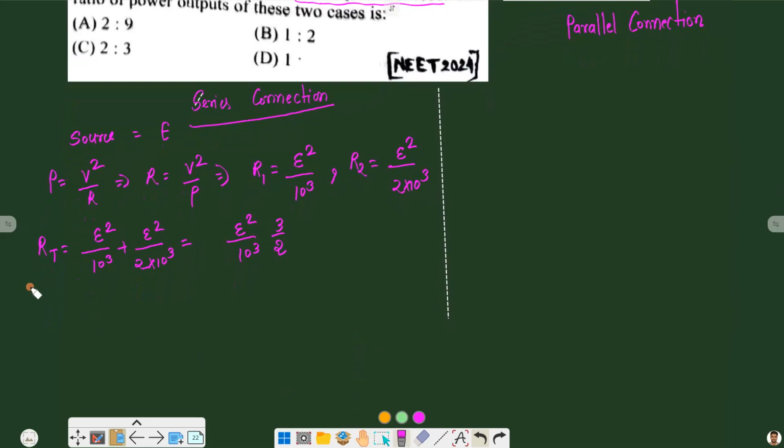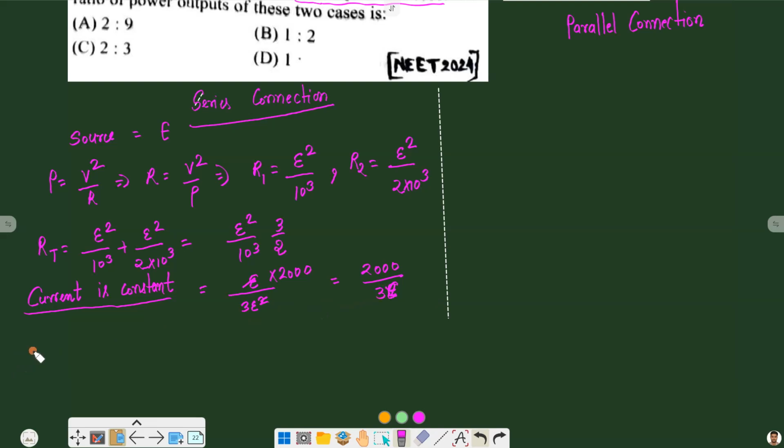So we will use formulas of power which include current. For that we have to find the value of current, and current will be potential divided by total resistance. Potential is E, total resistance is 3E square divided by 2000, and 2000 goes on the top. So current is equal to 2000 by 3E. That's the value of current we have.